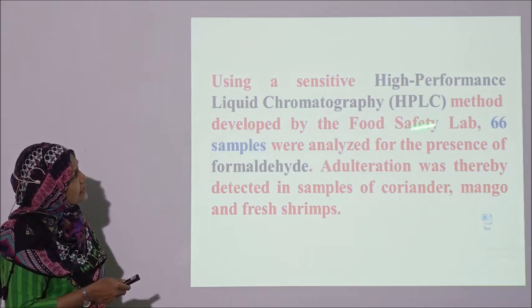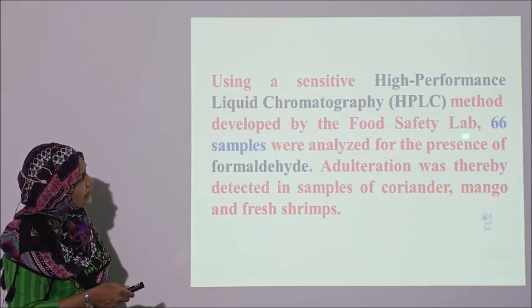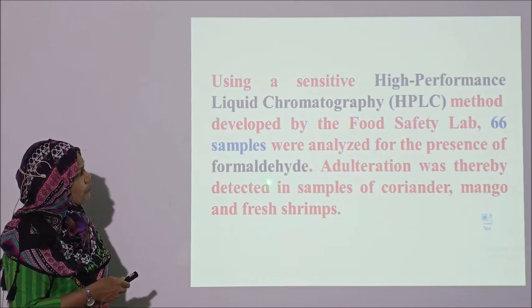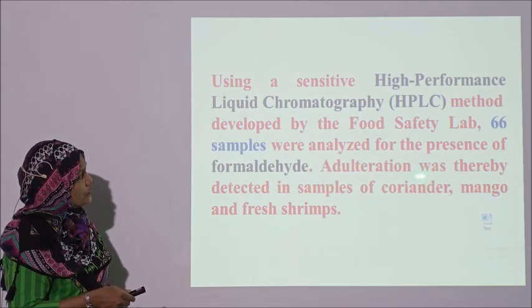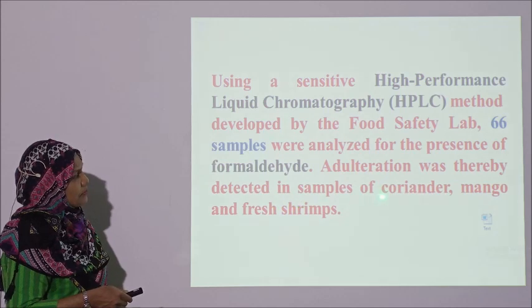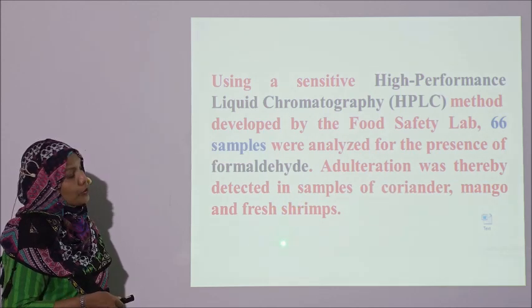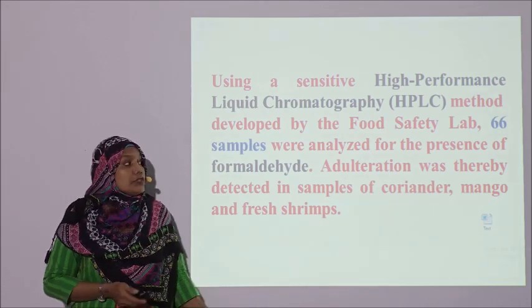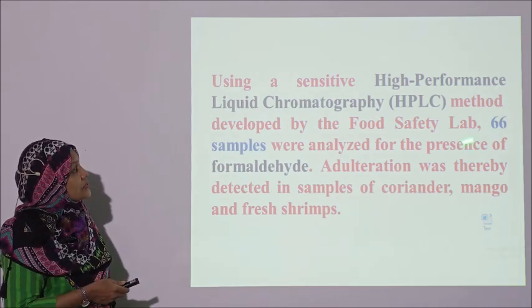So this HPLC method was developed by the Food Safety Lab, and 66 samples were analyzed for the presence of formaldehyde. Adulteration was thereby detected in samples of coriander, mango and fresh shrimps. So look, there are 66 samples.